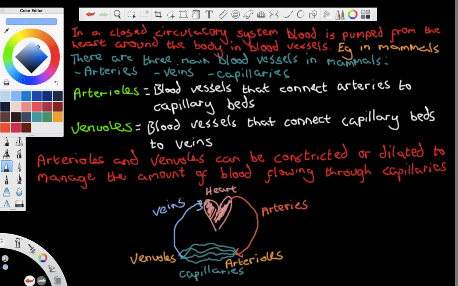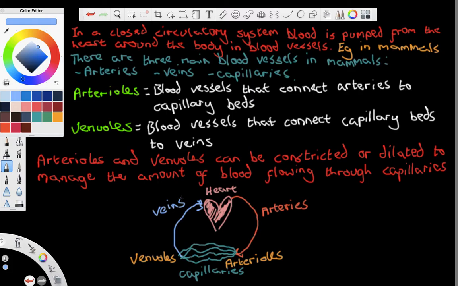Okay? So, in a closed circulatory system, blood is pumped from the heart around the body in blood vessels, such as in mammals. There are three main blood vessels in mammals: arteries, veins, and capillaries. Arterioles are blood vessels that connect arteries to capillary beds, whilst venules are blood vessels that connect capillary beds to veins.